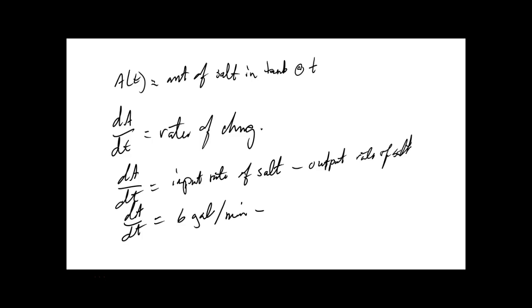So the output rate of the salt is 3 gallons per minute times A of T. Now that's not quite right because there's something missing here. It's the concentration that's in there.